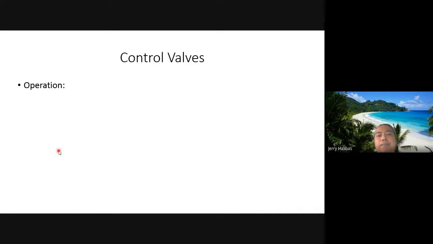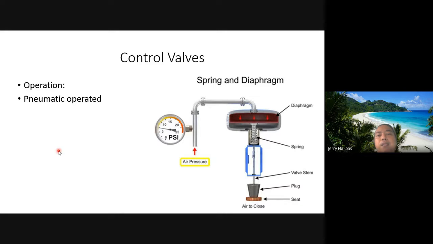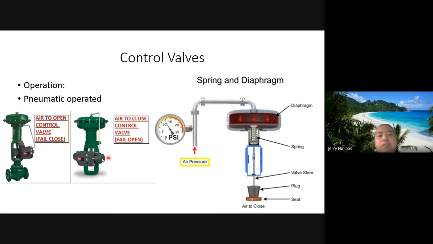Okay? Okay, another pneumatic na operation, ganing close open. Okay, close open lang siya. Then there's also known as air to open or air to close. So normally mabantayan nimo pag air to close, ang iyang pneumatic na piping is nasa ibabaw. No? Air to close gina siya.